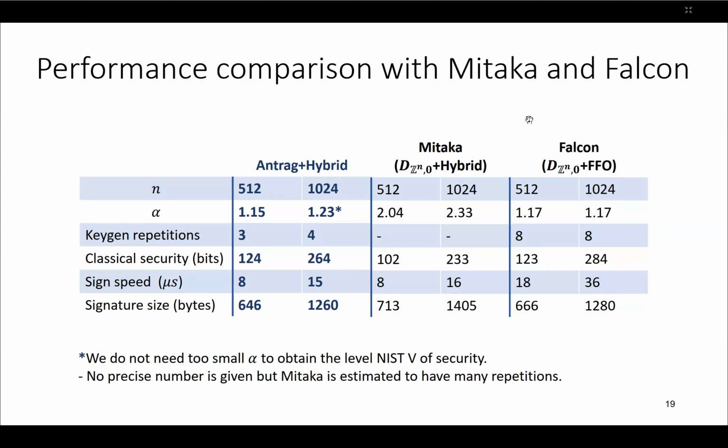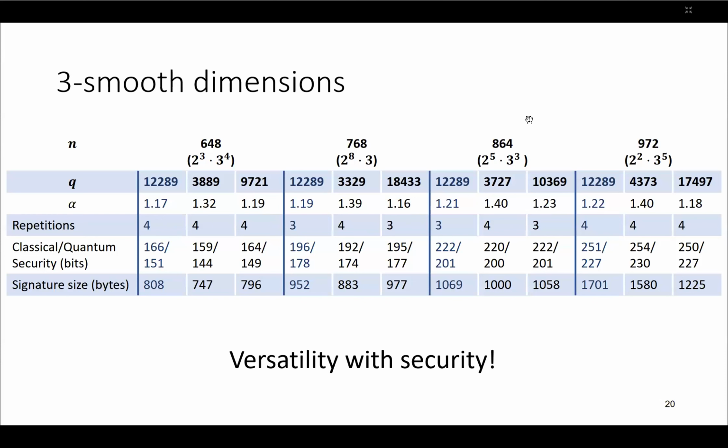If you look at the last three lines, we can see that in fact this combination has the best features of Mitaka and Falcon in terms of security, signing speed, and signature size. And it always has a small number of repetitions. Furthermore, with the keys from untyped, the increased dimensions proposed in Mitaka and hybrid sampler are made secure to be practical.